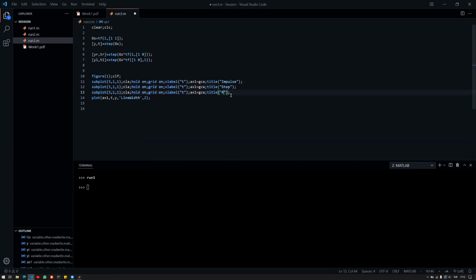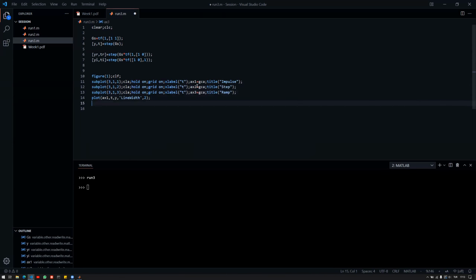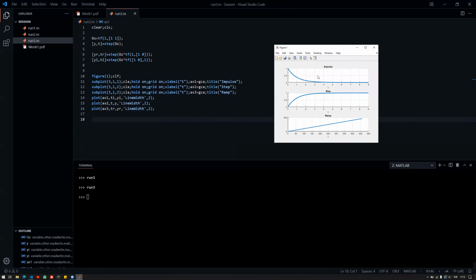This should be ramp. 2, 3, and again. There we go. So this is impulse, impulse, ramp, and ramp.